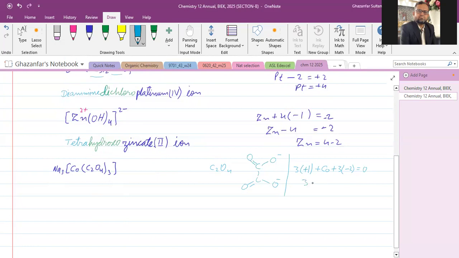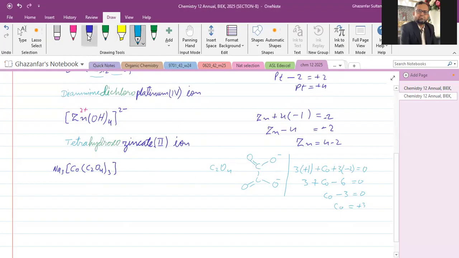So this is 3 plus cobalt, 3 twos are 6 minus 6. So cobalt minus 3 is equal to 0. So cobalt has +3 charge. So we have found the charge as well.